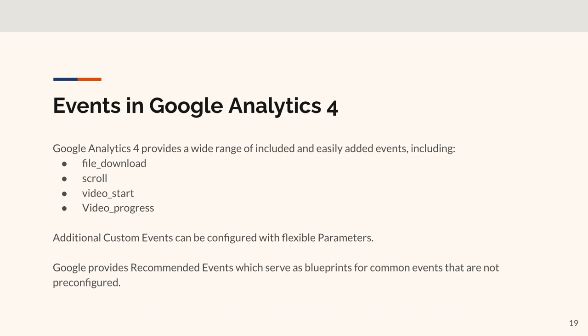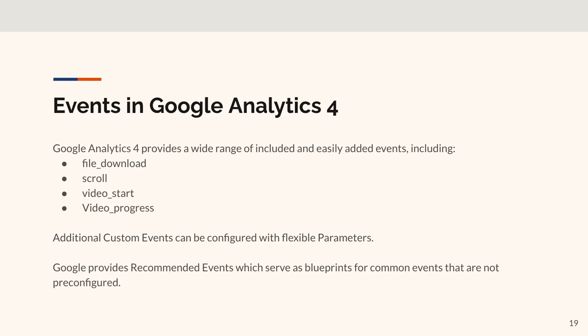Because, again, in Universal Analytics, we had our page views and stuff, and then over here we had our events. And they're not really the same. Whereas in Google Analytics 4, events, events, events. It's all an event. Page views are an event in Google Analytics 4.